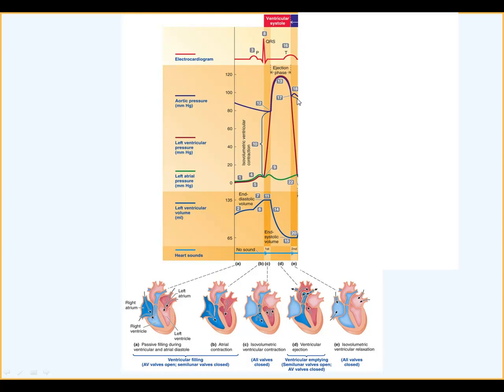It will shut down. On the right side, we also have the pulmonary valve that will prevent the blood from going back from the pulmonary artery into the right ventricle. So both of them will shut down, therefore preventing the blood from going from the major arteries into the ventricles. The shutting down of the valves, if you go down here, will produce the second heart sound.